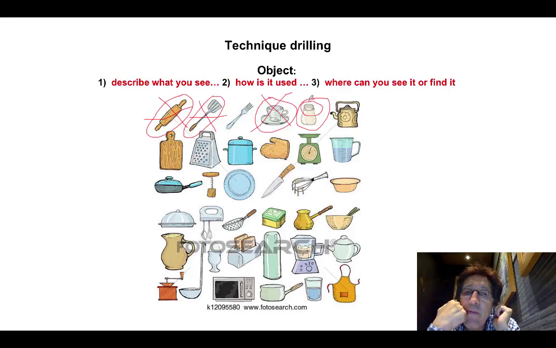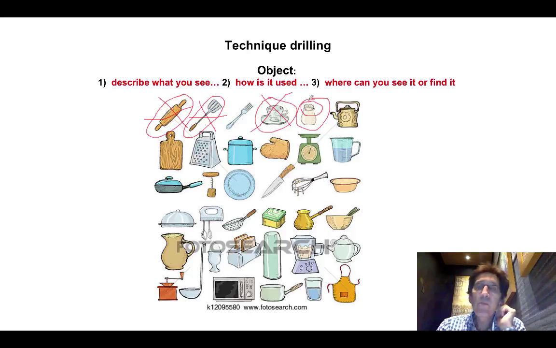What is it used for? We use it for putting the salt or spicy. We use it in the kitchen to make our food more delicious. Oh, okay. Very good.